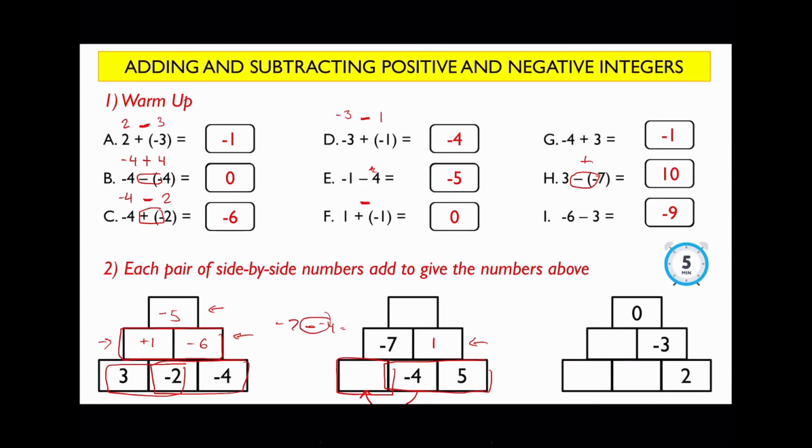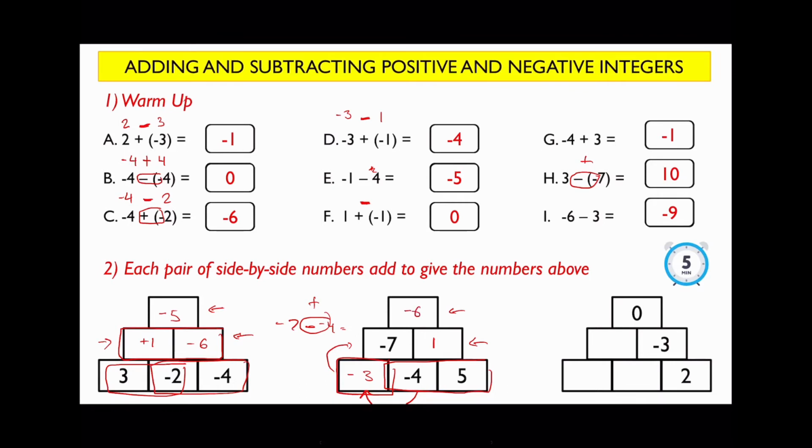You've got two negatives over here. This becomes a positive. So therefore, negative 7 plus 4 is going to equal negative 3. And I can double check that to see whether this gives me negative 7, which it does, because negative 3 plus negative 4 does give me negative 7. And lastly, to get this one, add these two numbers. So negative 7 plus 1 is going to equal negative 6.